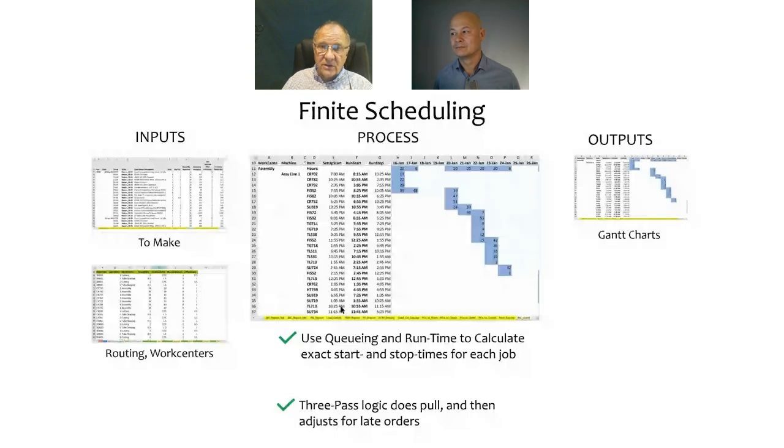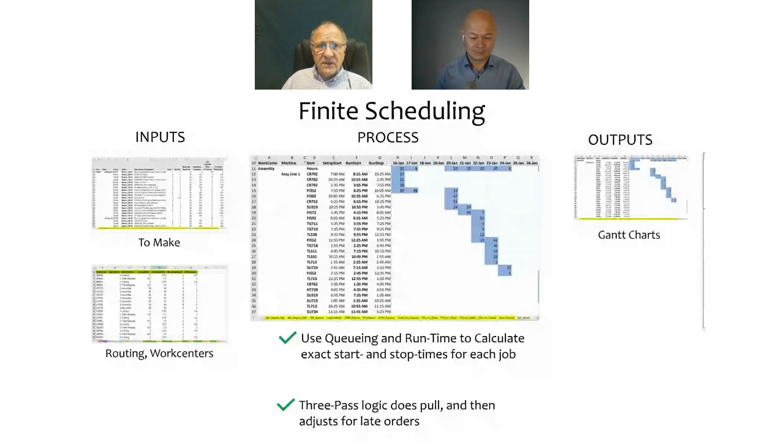There's no reason why you shouldn't have a finite schedule for the entire year. And if you do that, what the three-pass logic is going to do for you is to suggest where or how early you need to start building inventory to ride over peak seasonal demand with limited capacity.